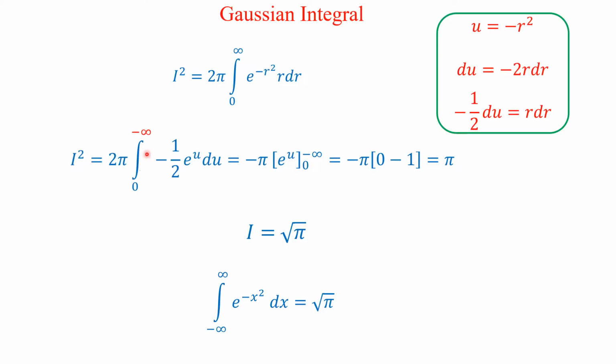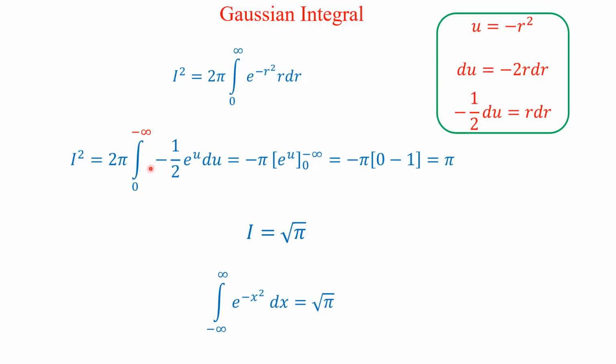Here I would like to highlight one important point. In the original coordinate, when r equals 0, u is equal to 0. When r is equal to infinity, then u is equal to minus infinity. I have changed the limits also.